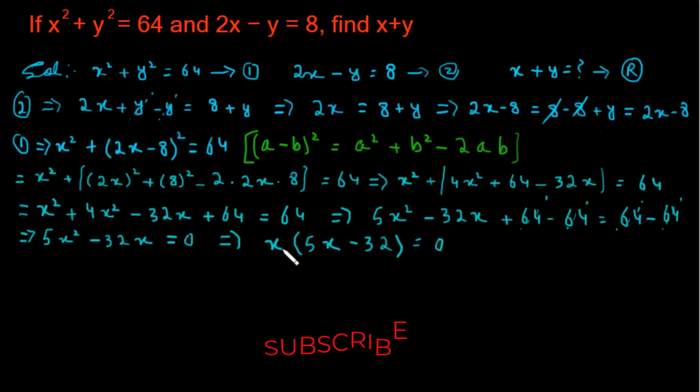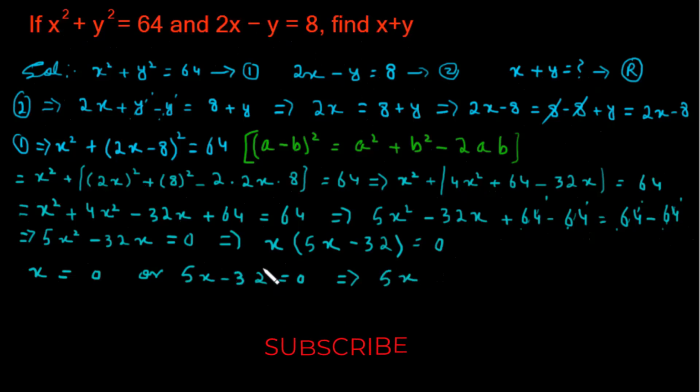We can see that the product of two factors is equal to 0, so at least one of them is equal to 0. This shows that either x is equal to 0 or 5x minus 32 is equal to 0. This can be simplified as 5x equals 32, since on transferring 32 to the other side of equality its sign is reversed.